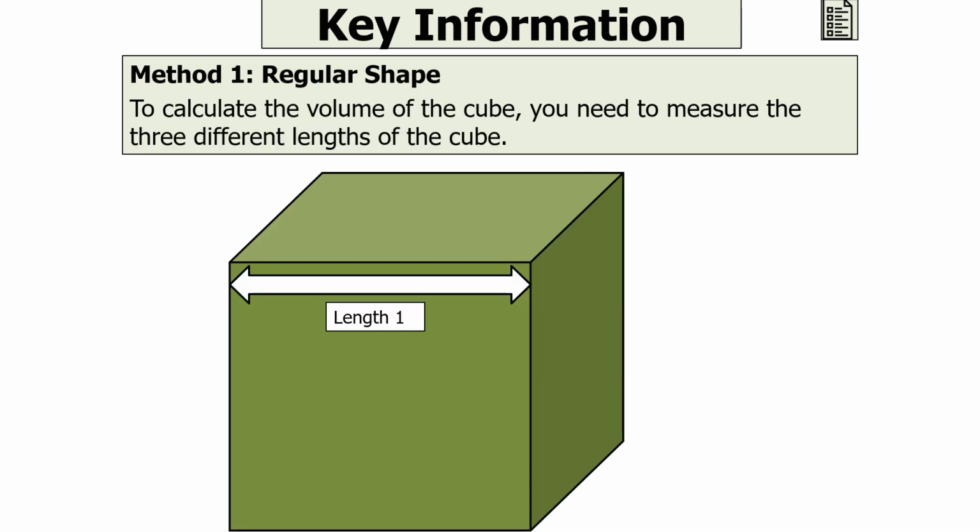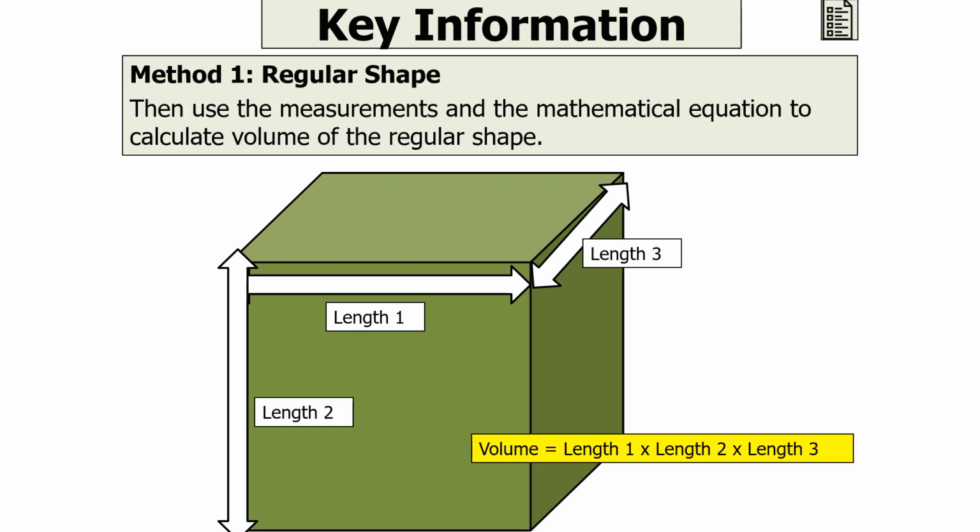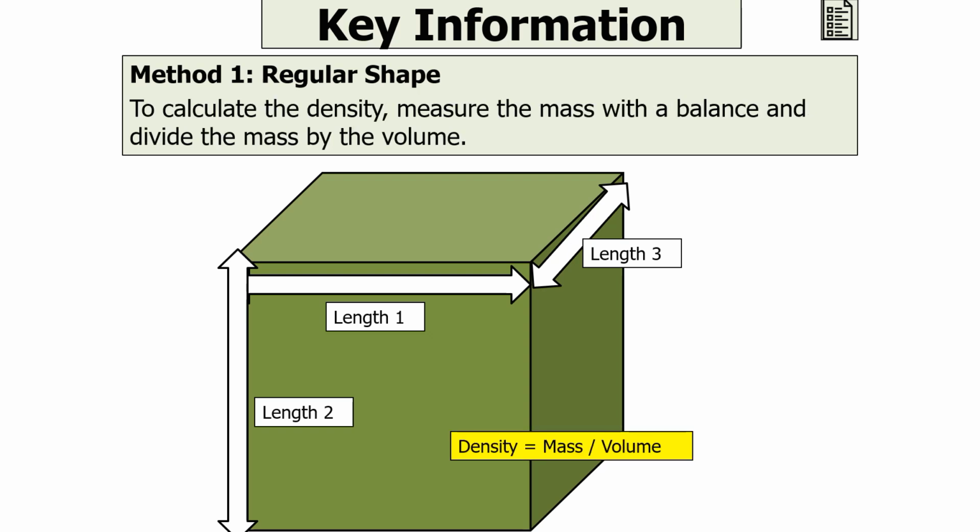You can calculate the volume by measuring the different dimensions, so in this case the lengths of the cube. So you can measure length 1 here, then length 2, then length 3. We know that because it's a cube, the volume is the length 1 times by length 2 times by length 3. Then we have our mass, we've worked out our volume, so density is mass over volume. We can work out the density of this regular shaped material.